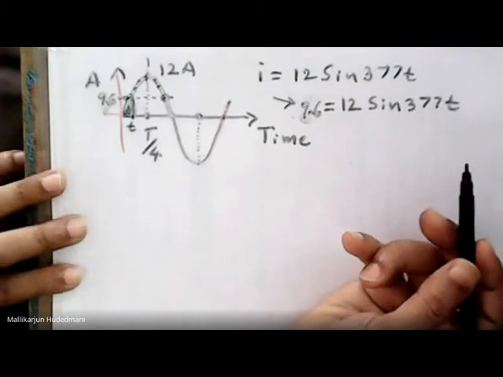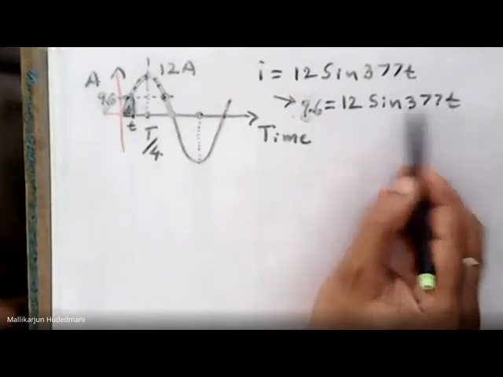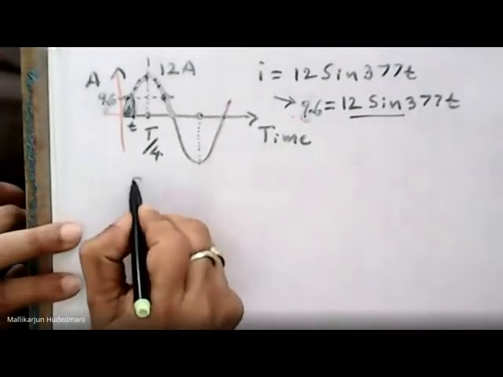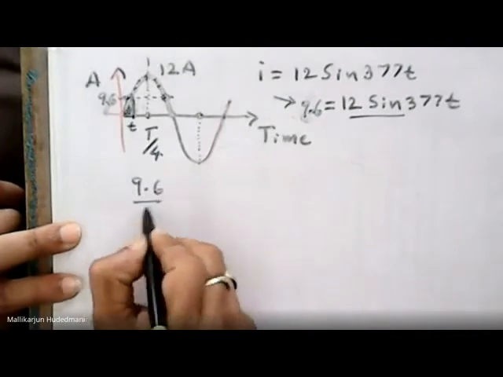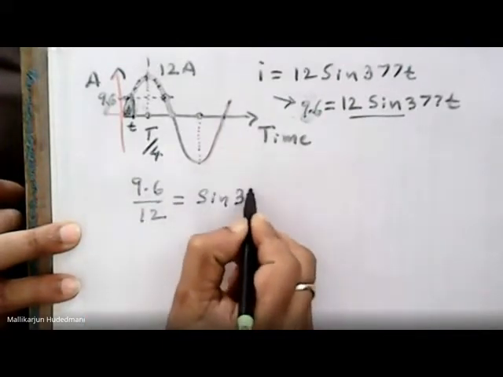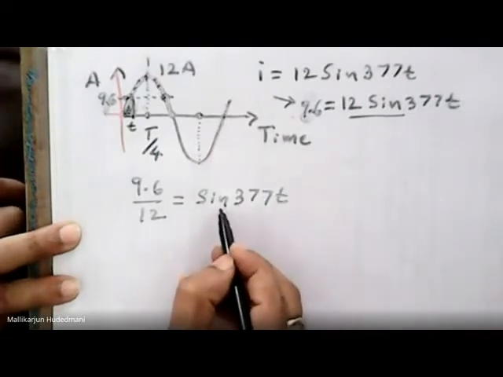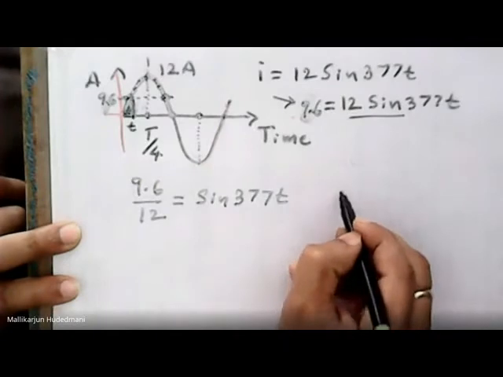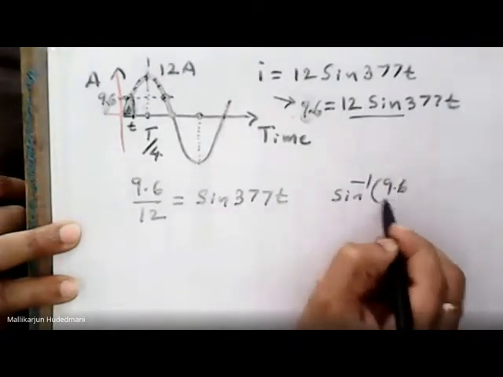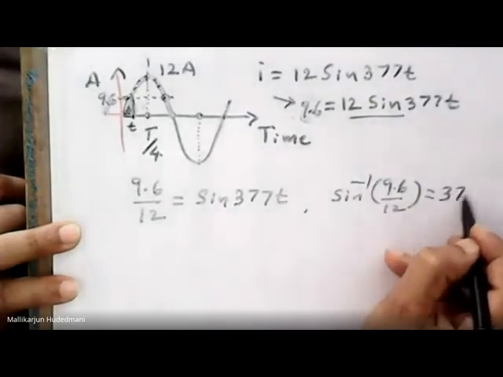I will compare. Then I will take this comparison and convert it such that the subject of the equation becomes t. So I will do 9.6 divided by 12 equal to sine 377t. That is the first step. Then I take the sine to the other side, inverse sine of 9.6 divided by 12 equal to 377t.